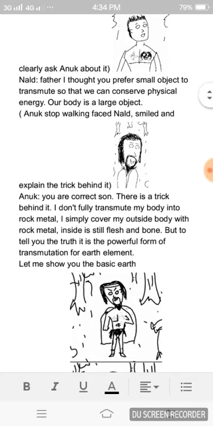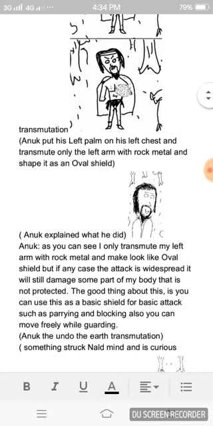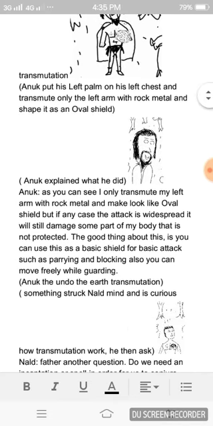Let me show you the basic earth transmutation. Anuc put his left palm on his left chest and transmuted only the left arm with rock metal and shaped it as an oval shield. Anuc explained what he did. "As you can see, I only transmute my left arm with rock metal and make it look like an oval shield.